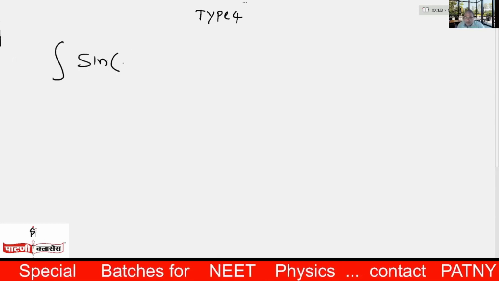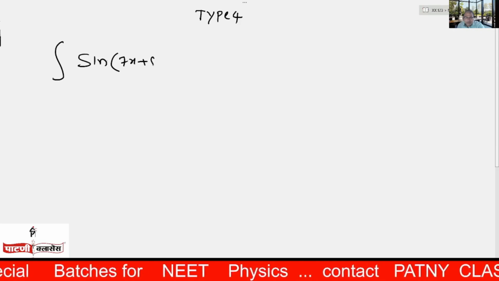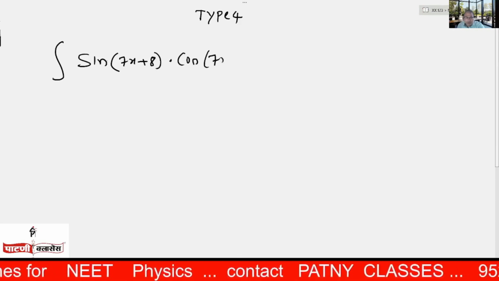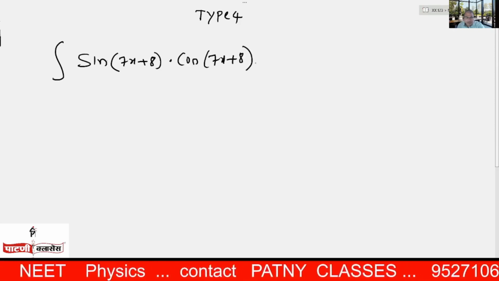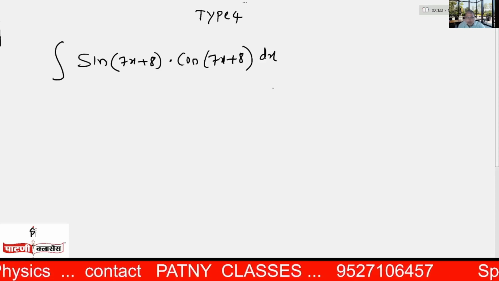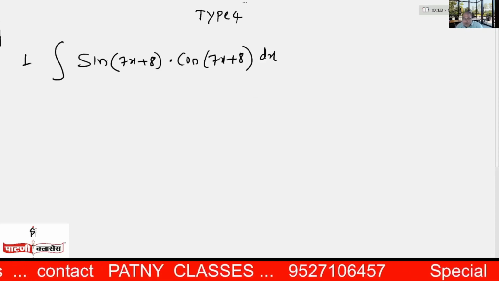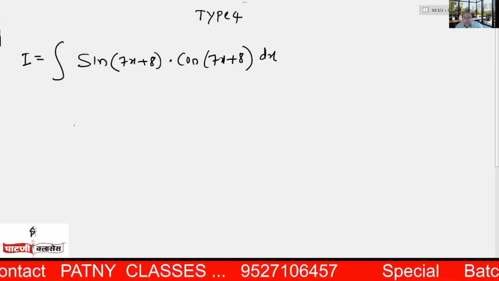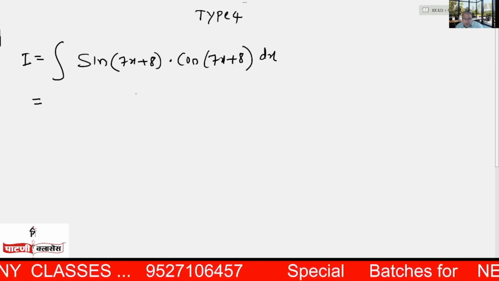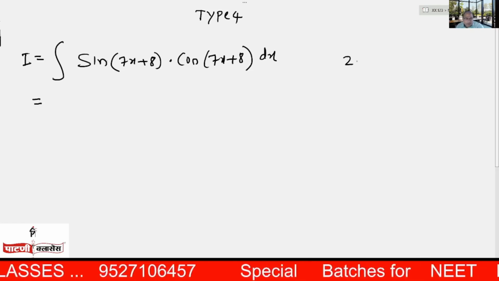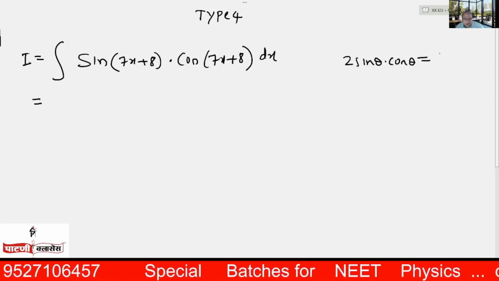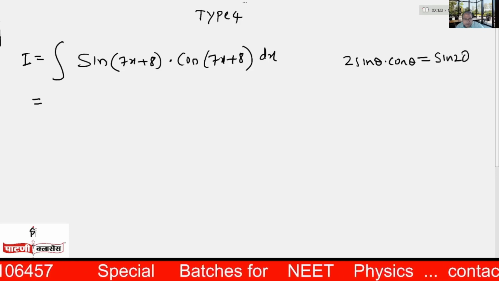Another example: sin of 7x plus 8 multiplied by cos of 7x plus 8. Here sin and cos are both multiplied together. So how to do the integration? Let us see now. Step number 1, we know the formula that 2 sin theta cos theta equals sin 2 theta.